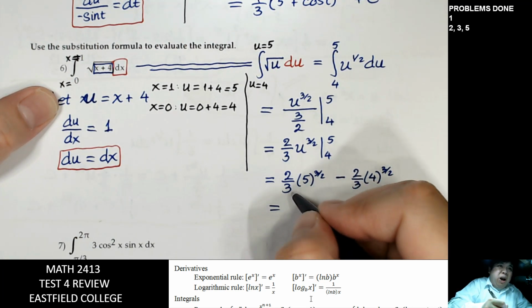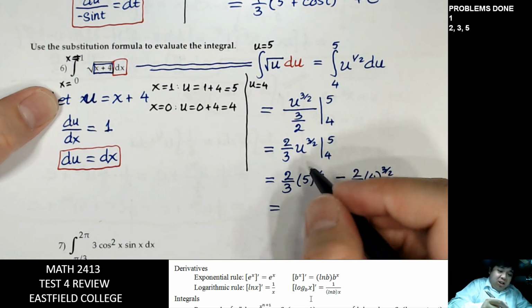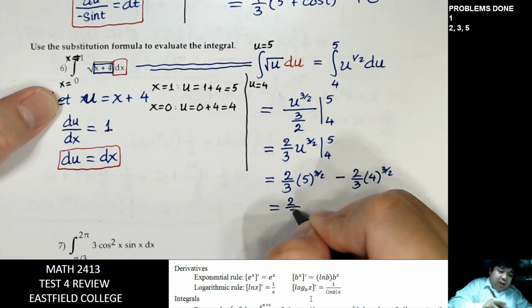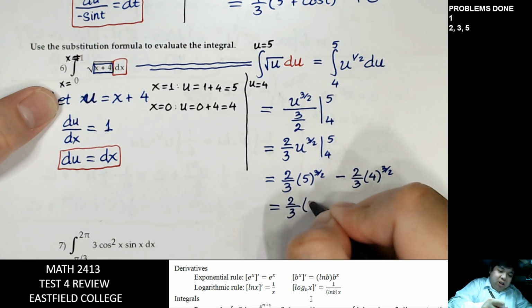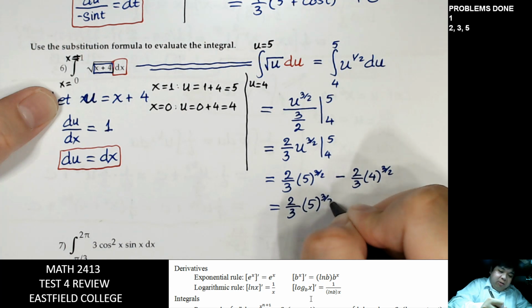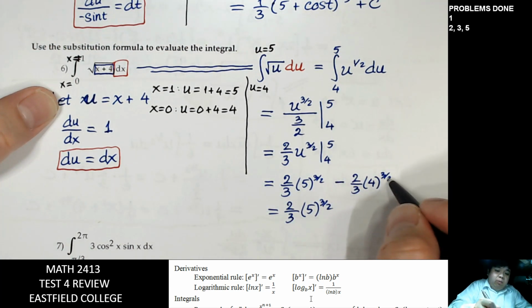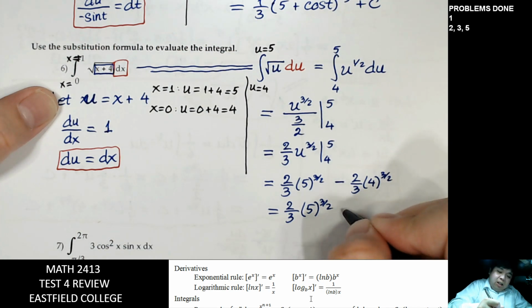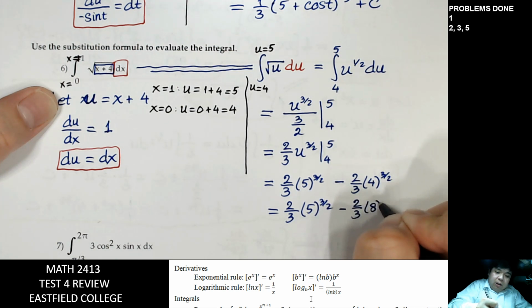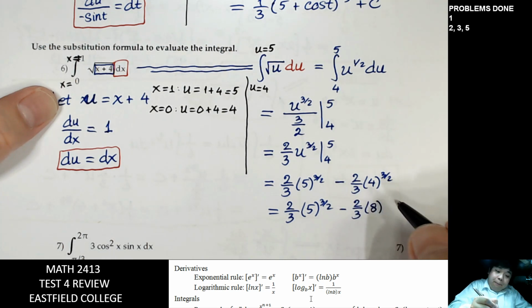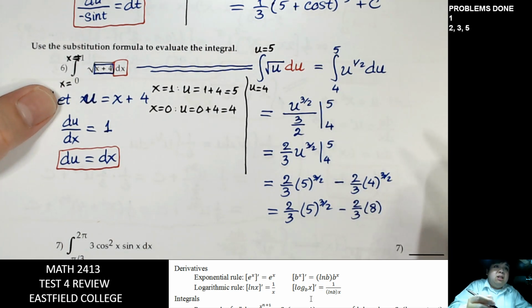This doesn't do anything because square root of 5 doesn't simplify much. So actually we just keep it like that. That's perfectly fine there. 4 to the 1/2 is 2, so 4 to the 3/2 is 8, and so that's 16 over 3.